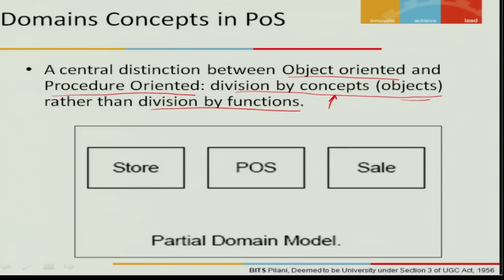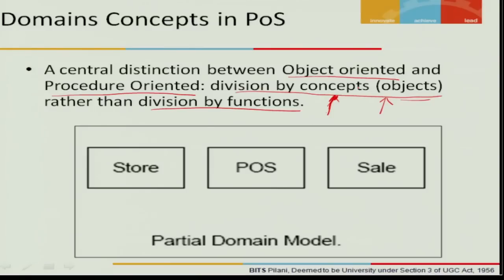Slowly we are going towards the objects of software. Literally these domain concepts will not be acting as the objects, but slowly we are moving in that direction. That is what we are going to study in this lecture: how domain concepts are identified.